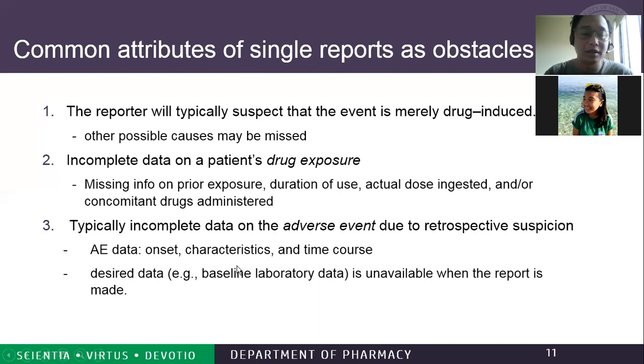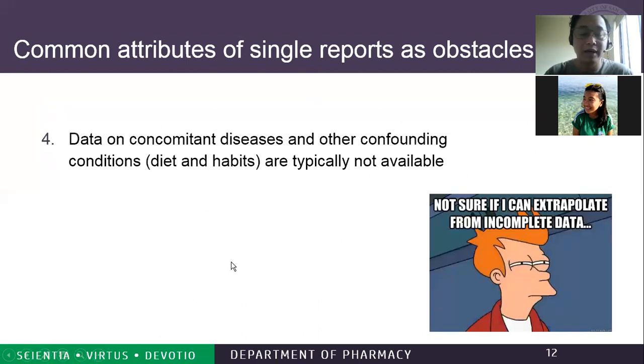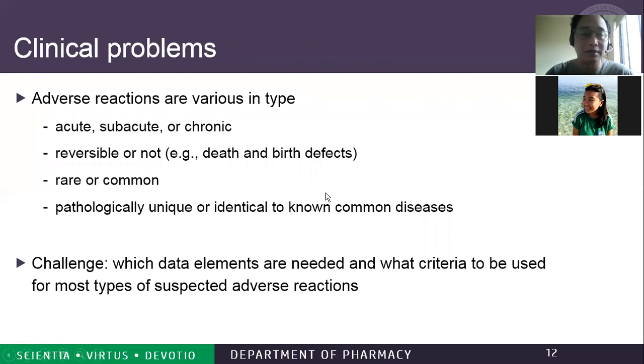Also, data on concomitant diseases and other confounders, such as diet and habits, are typically not available. Adverse reactions are various in type: acute, subacute, chronic, reversible or not.